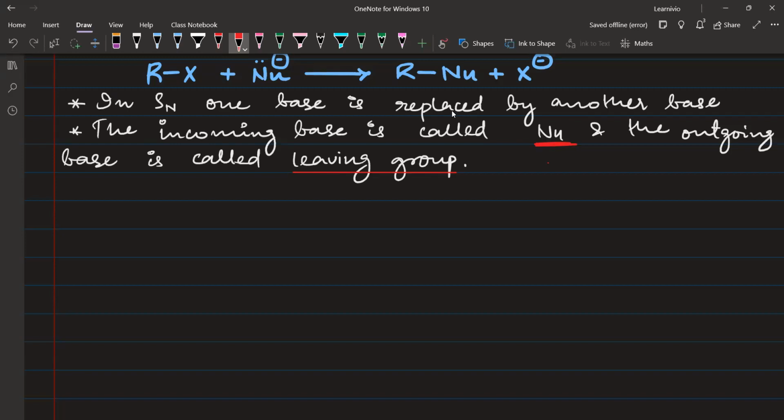So let me give you some problems. You just need to identify what is the nucleophile and what is the leaving group. ठीक है?